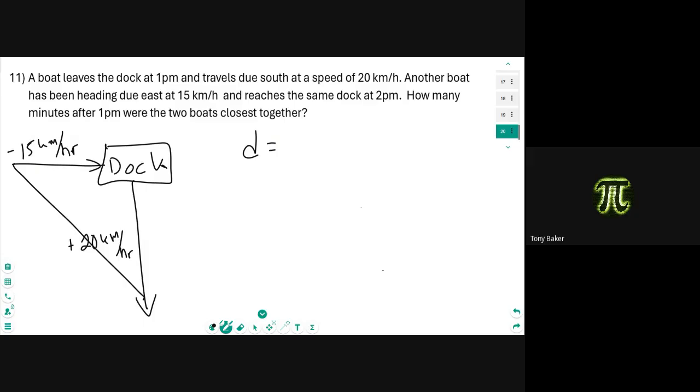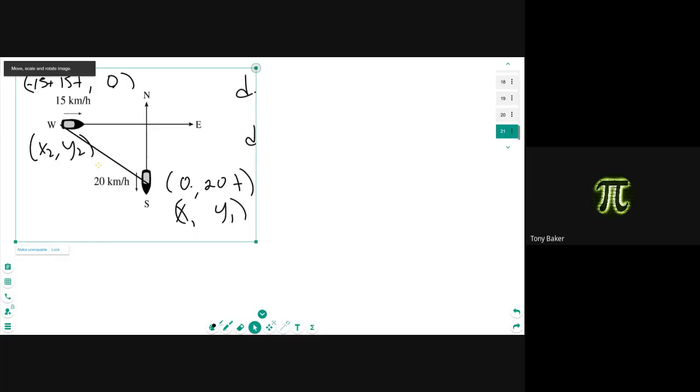It is, but we don't have the information for it. I have a better picture. I'll use this picture. Here's a better picture.